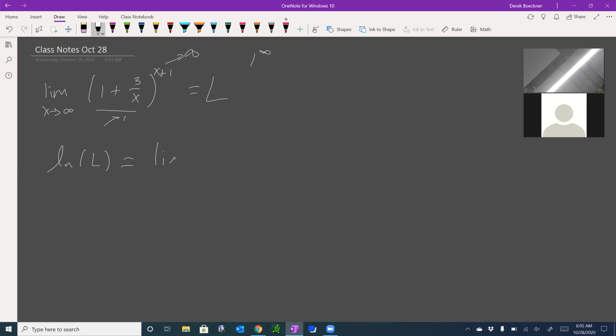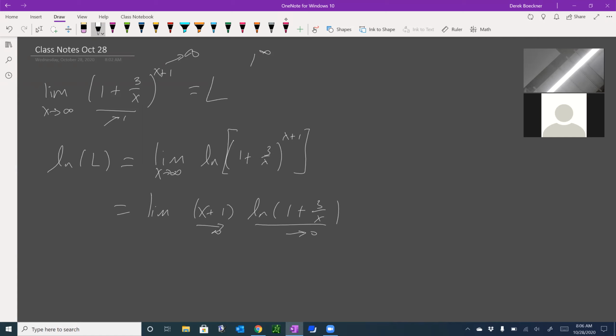So that's the limit of the natural log of (1 plus 3 over x) to the x plus 1, which is equal to the limit of (x plus 1) times the log of (1 plus 3 over x). And this goes to 0, and this goes to infinity. Okay? So now it looks like 0 times infinity.